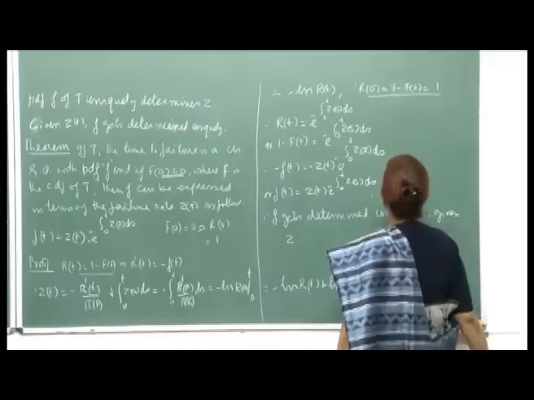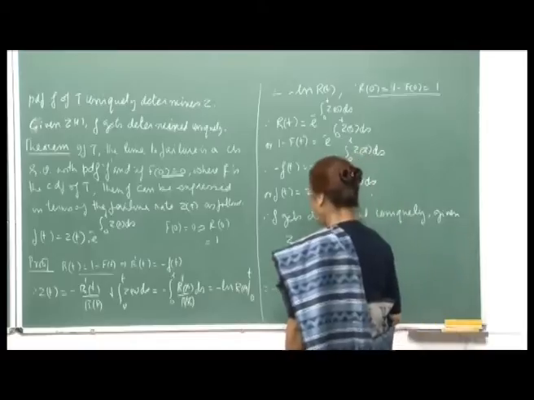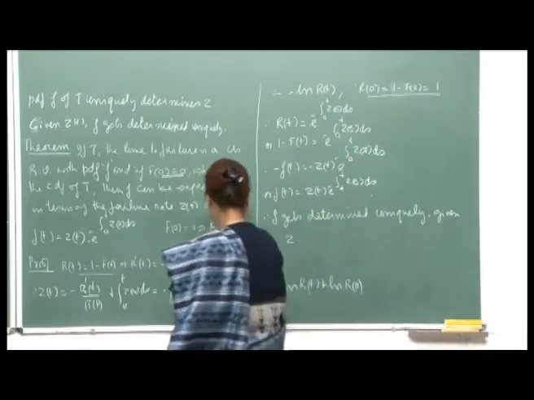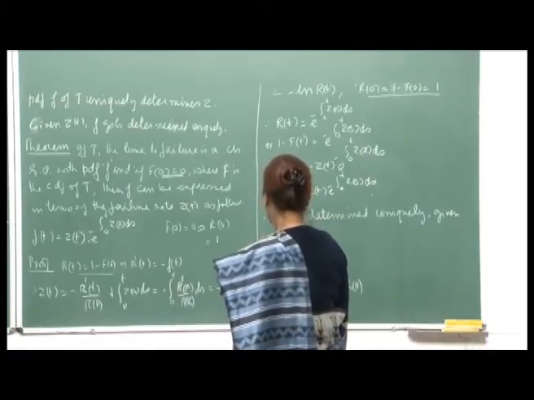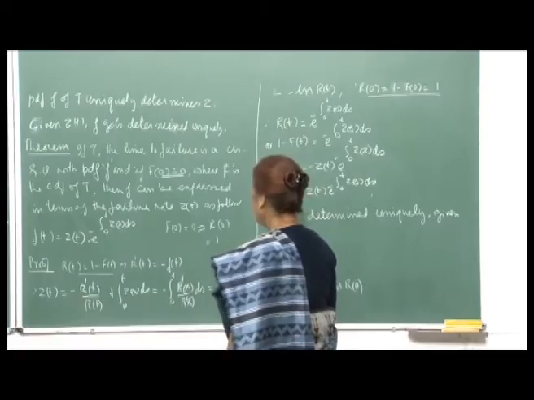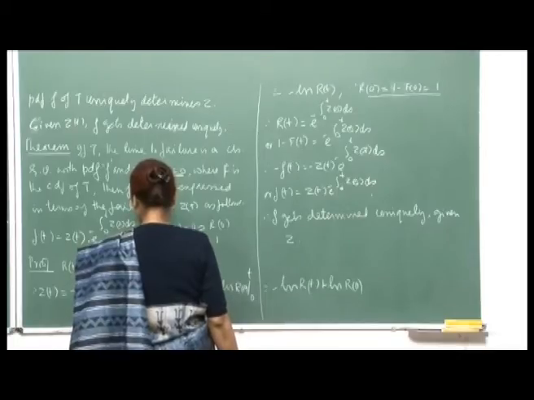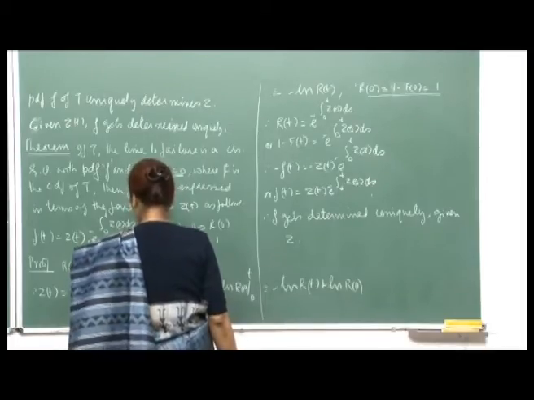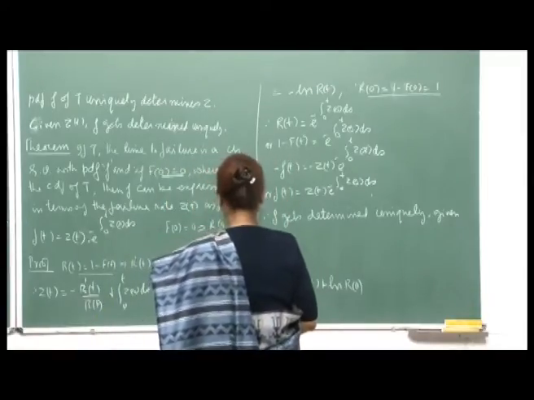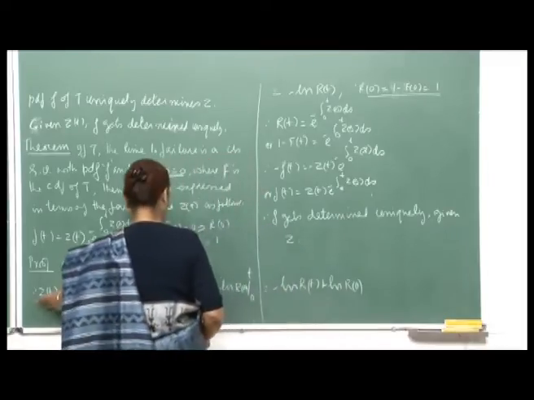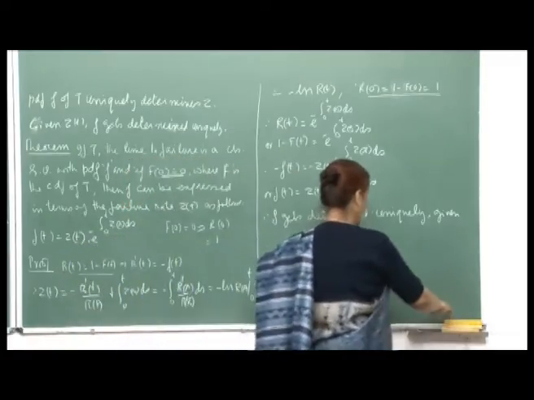Since F(0) is 0, therefore R(0) is 1, right. And so, from here, I wrote down z(t) this way, and I just integrated from 0 to t.